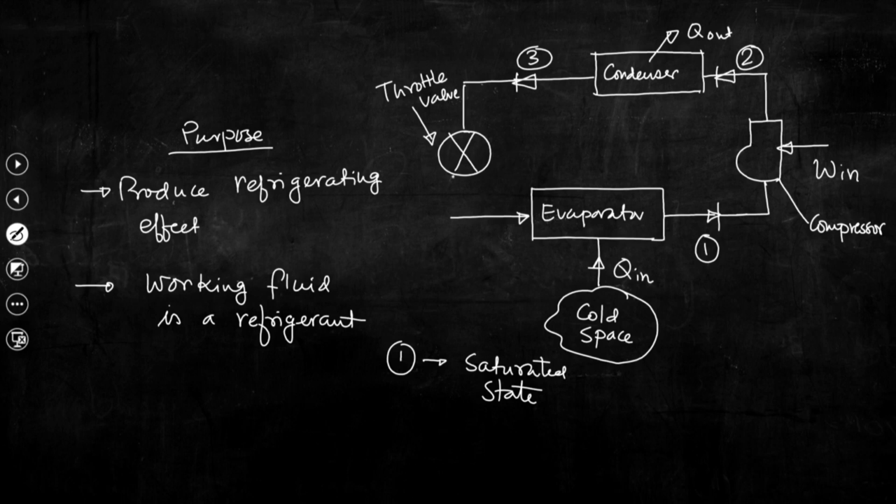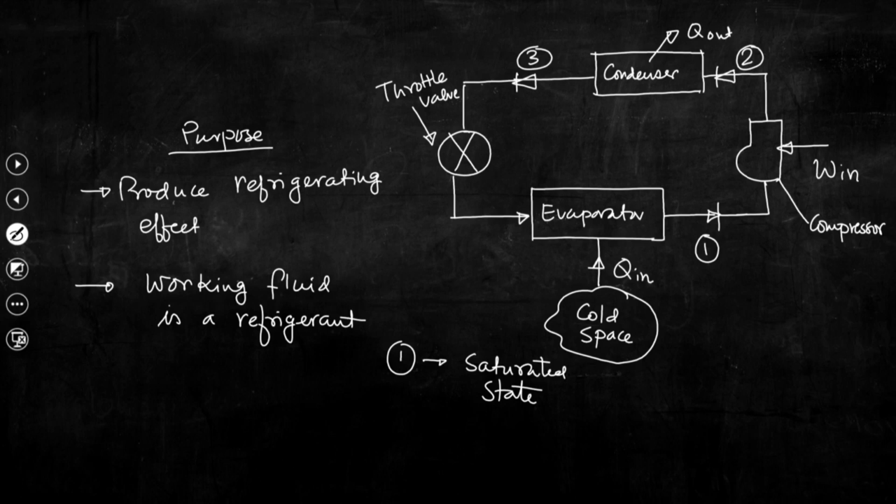So, this is the total circuit. Let me tell you once again, we are getting high pressure refrigerant at the inlet of the condenser. By releasing a certain amount of heat in the condenser, the refrigerant which is available at the exit of the condenser is taken into another device, a special type of device, perhaps you have studied in thermodynamics, that is called the throttle valve.